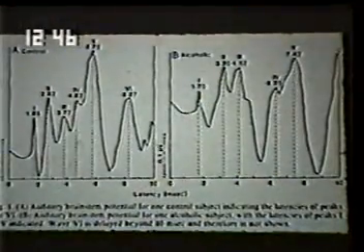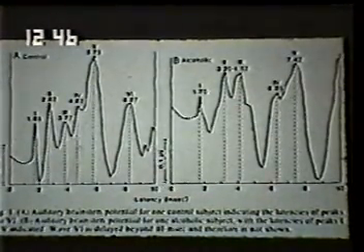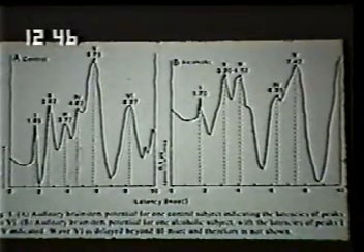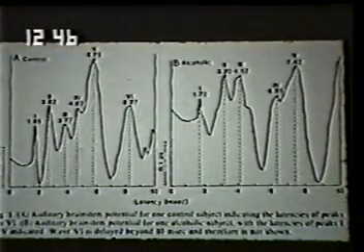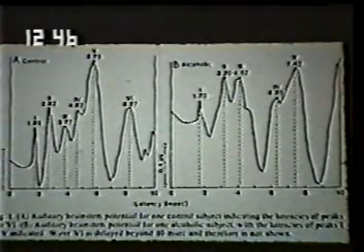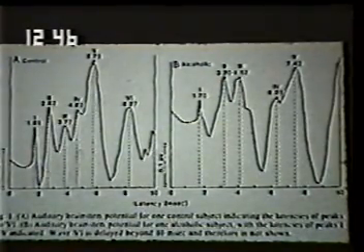Alcoholism. Begleiter and Porges in Brooklyn, it's a nice area in New York, did a study in chronic alcoholics and found delays. Now, delays in the interpeak latencies in alcoholics can be attributed to the fact that you have a lowering of the body temperature, which I said is present.